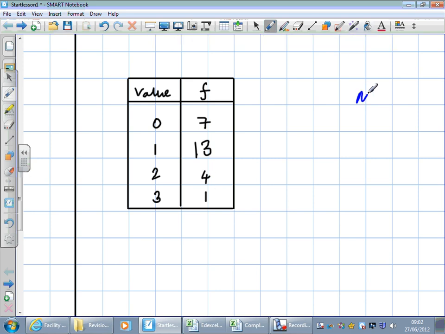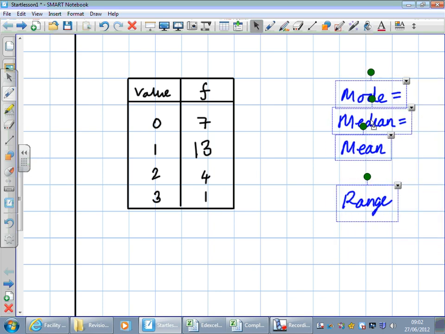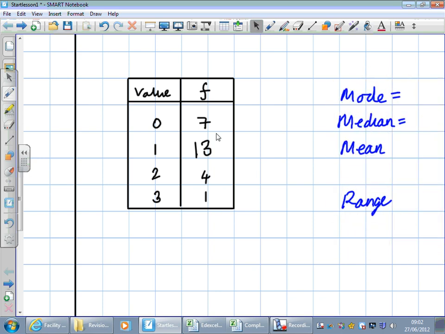Reminder, I want you to work out the mode. I want to see if you can calculate the median. That's the middle one when you put them in order. The mean, and finally the range. Okay, if you're watching this video at home, then put it on pause after you've copied out the table, and then come back, let's play, and find out how we get the answers.